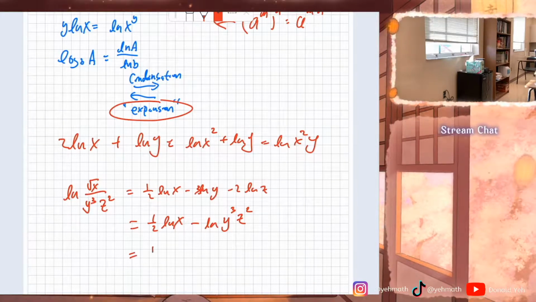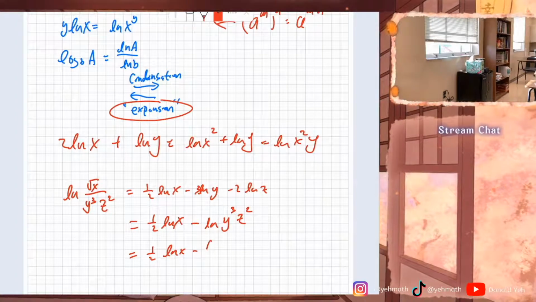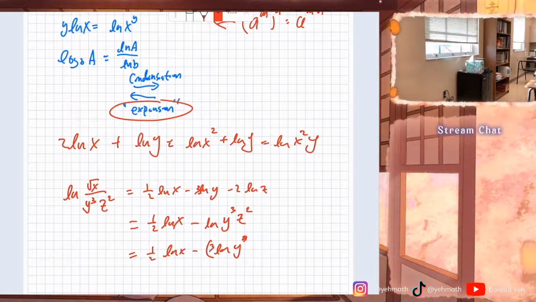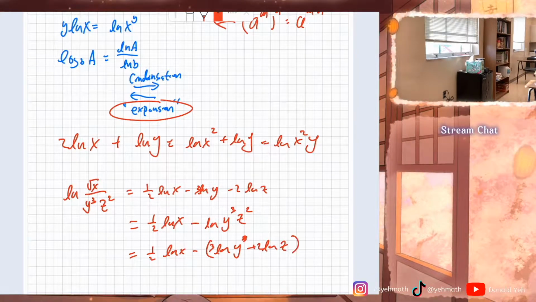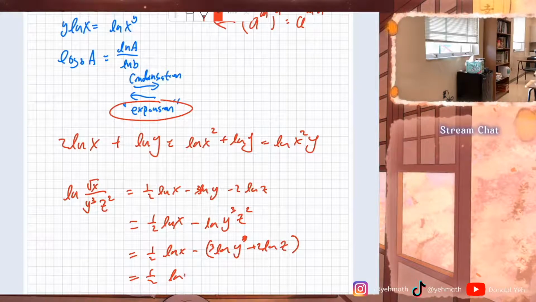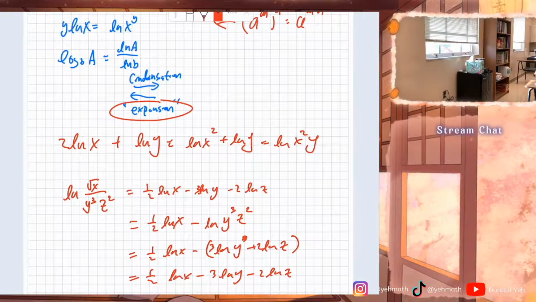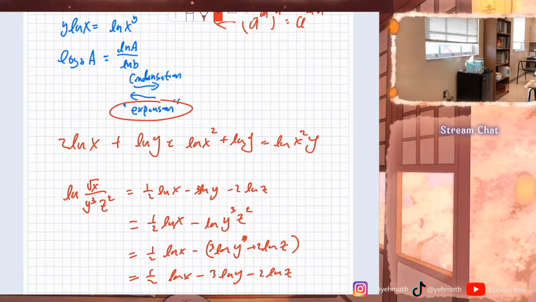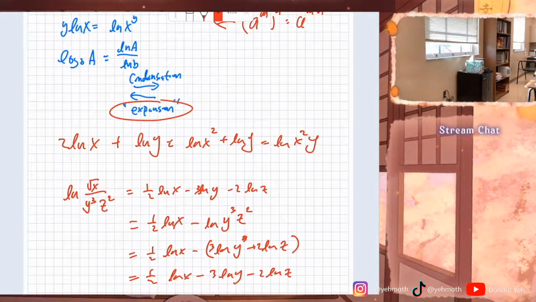So it's going to be 1/2 ln of x minus, and this one is going to be adding, so ln y to the 3, and 3 is going to be in the front, plus ln of z squared. But if we distribute it, it's still minus 3 ln of y minus 2 ln of z. Does that make sense? Very, very crucial for you guys to understand. Good job, Sarah Z.